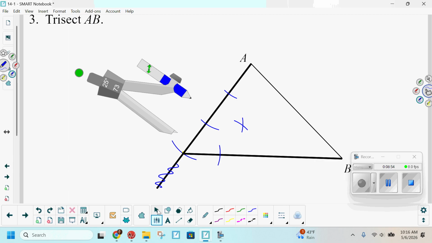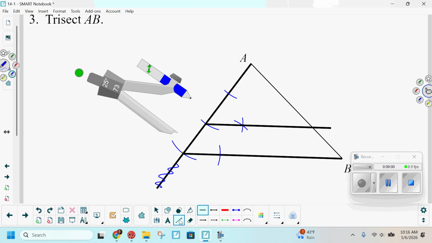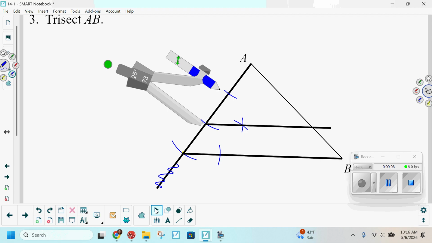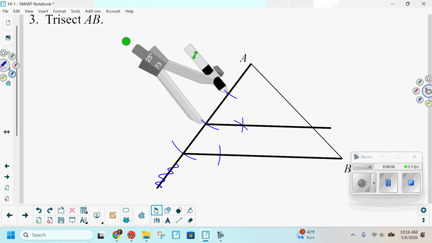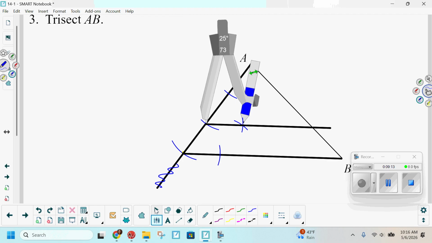Don't change your compass, but now from this mark, you see my line starting, go through and go past till it hits AB, and you've got your first line. Now do it again. So this is already the right distance. This is already the correct distance, right?